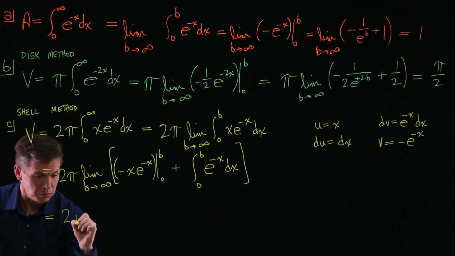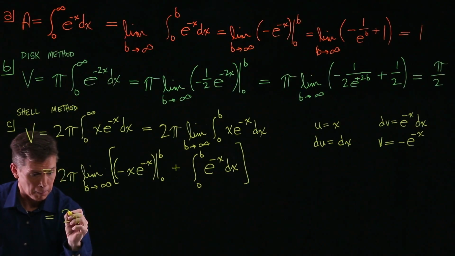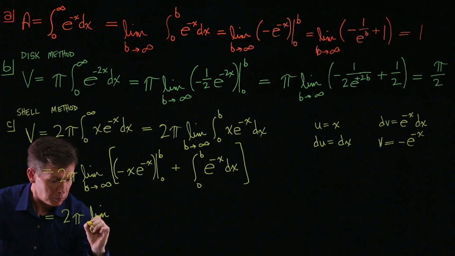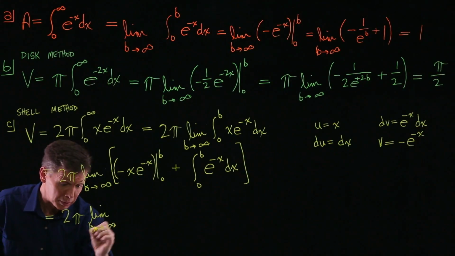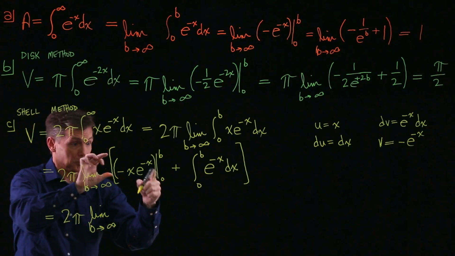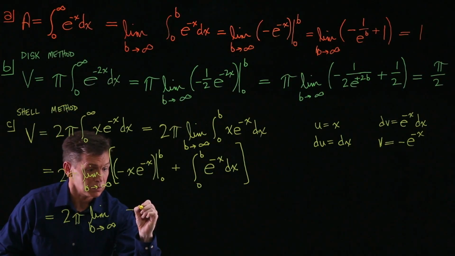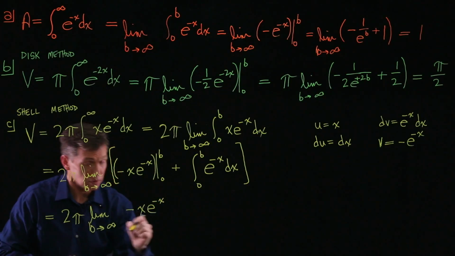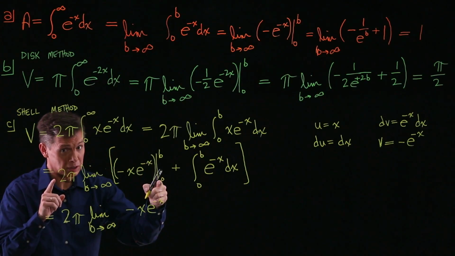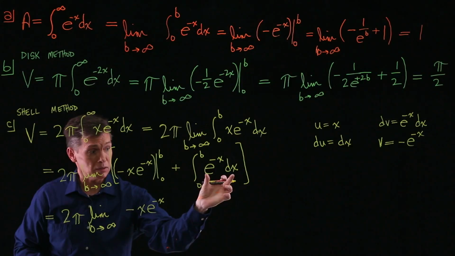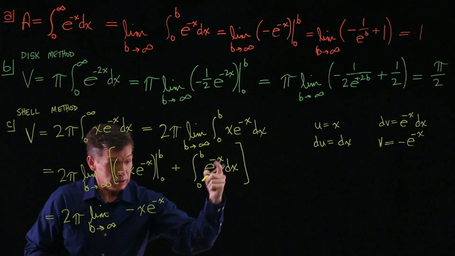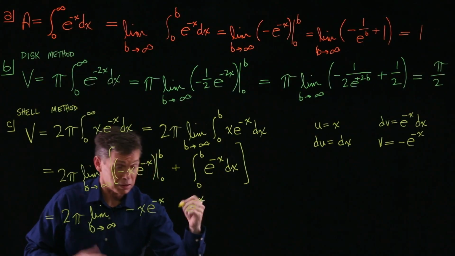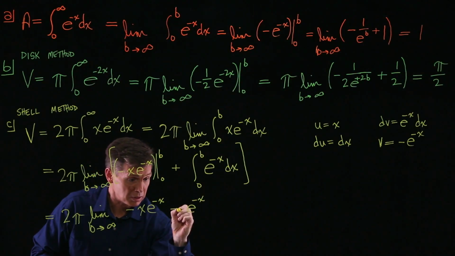Equals 2 pi still. Limit as b goes to infinity, and now I still have this minus x e to the minus x. I know I have my limits of integration written down there, but I'm going to go ahead and evaluate this integral. E to the minus x would be e to the minus x, and I would have that factor of a minus, so that just creates a subtraction right there.